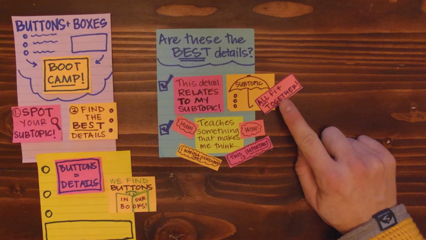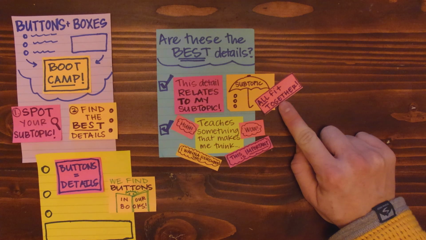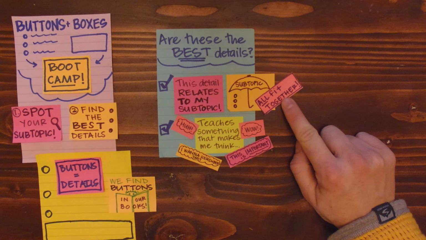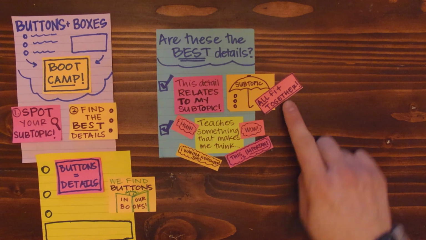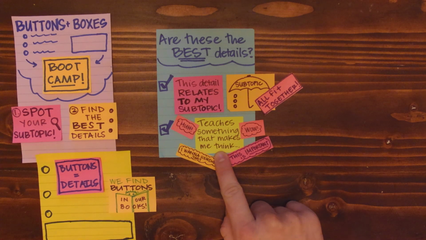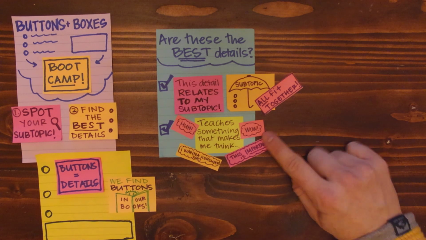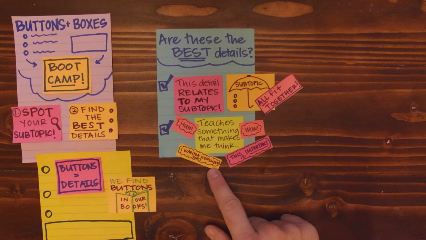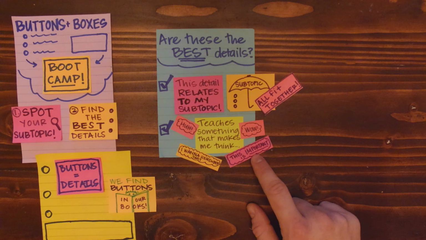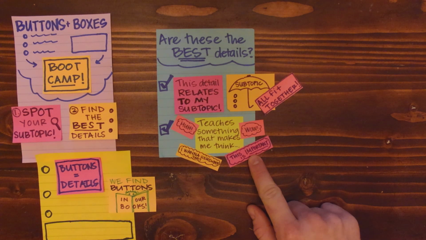And the reason for this is because we want all of our details to fit together so that we can form a new idea. Then the second thing we want to make sure is that it teaches us something that makes us think. Either a huh, or a wow, or I want to remember that, or this is important.